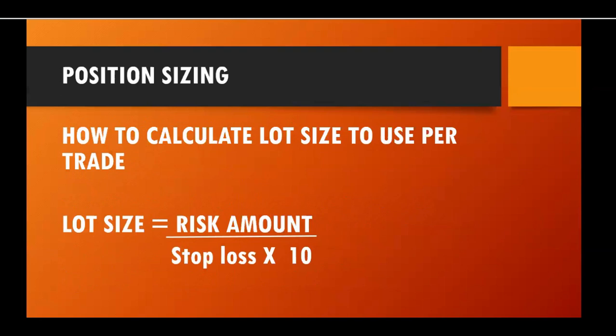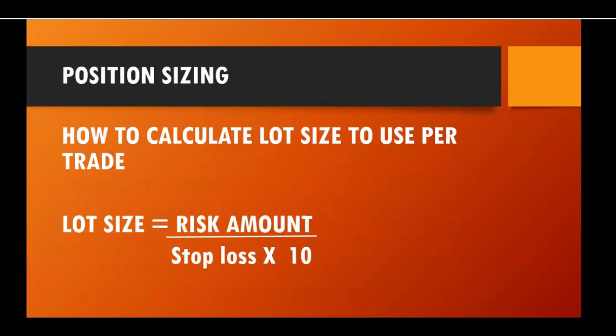Of course, you cannot just say, oh, for my account, for every trade I place, I'm always using 0.4, 0.5. That is absolutely wrong. It is your ATR value that will tell you exactly what your lot size should be for that trade. Now, here is the formula.